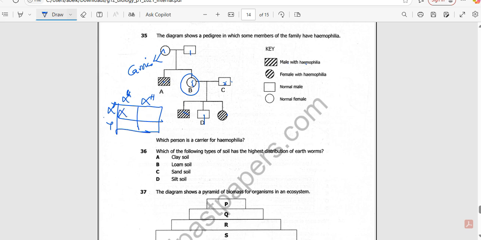So here you have this and this. So we have a female who is normal but a hemophilic carrier.